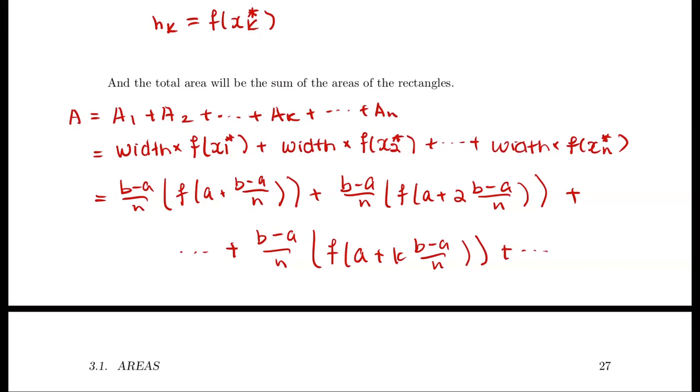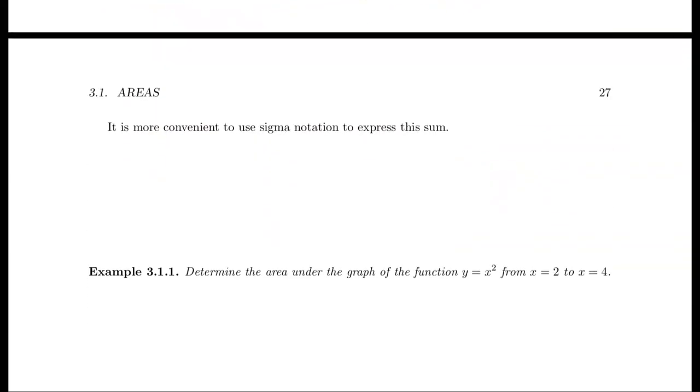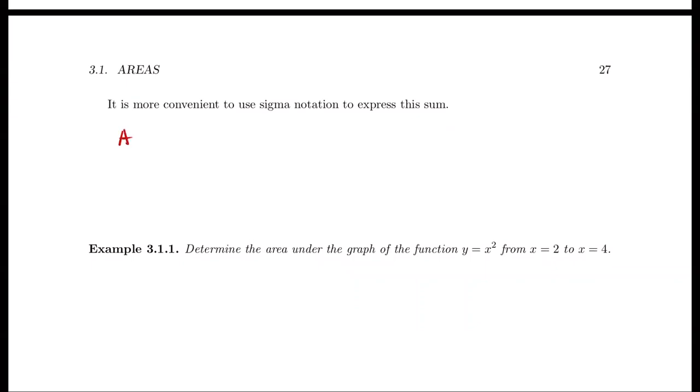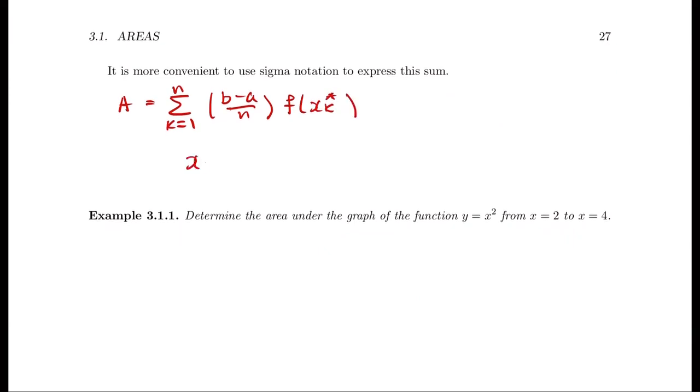And now, it is more convenient to express this using the summation notation that we have talked about in lesson 1 here. So that means A, we could write this as a sum from k equal to 1 to n of b minus a, so that's going to be the width, multiplied by f of xk star, where xk star, once again, is the starting point of the interval, and you're adding k times b minus a divided by n.